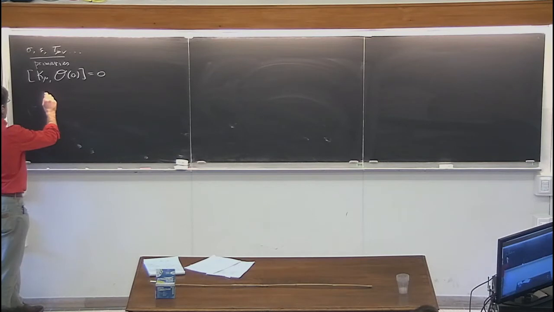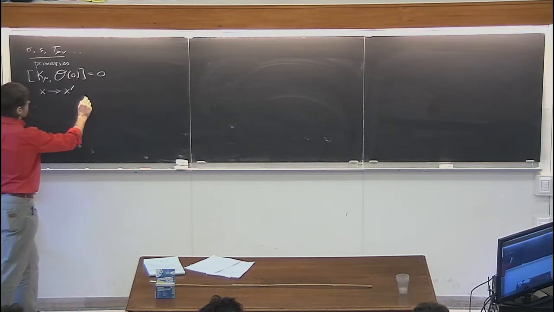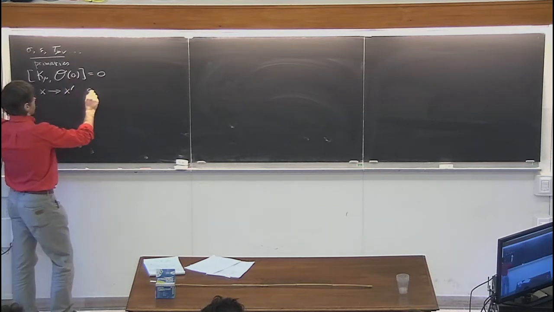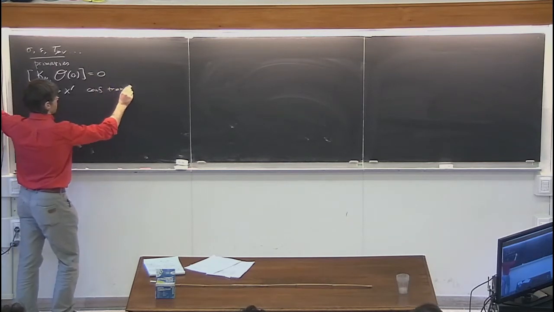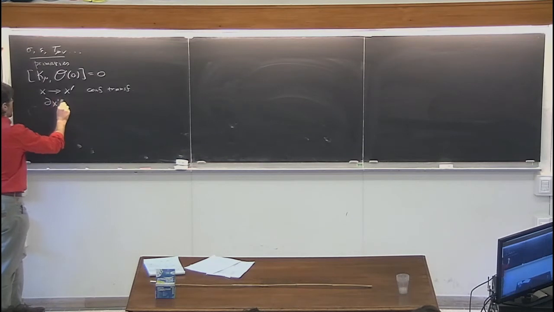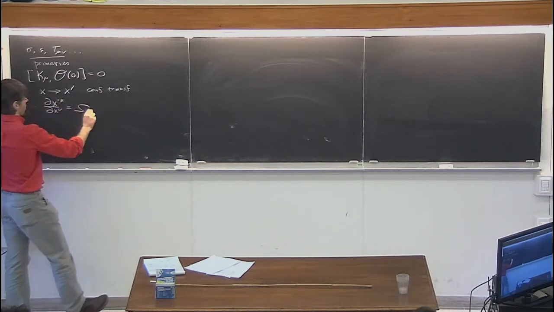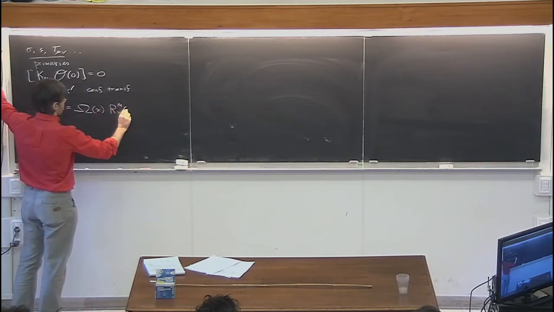written as follows. If you have a conformal transformation x going to x prime, consequently we have dx prime over dx equals some scale factor omega of x times some orthogonal matrix.